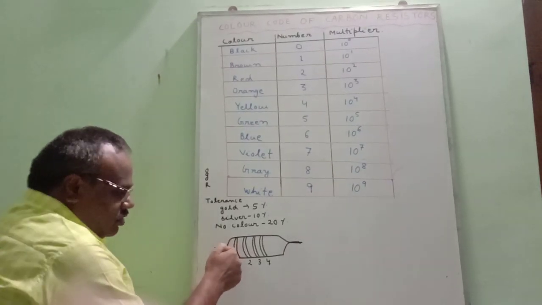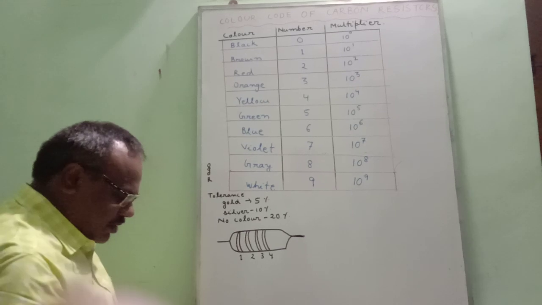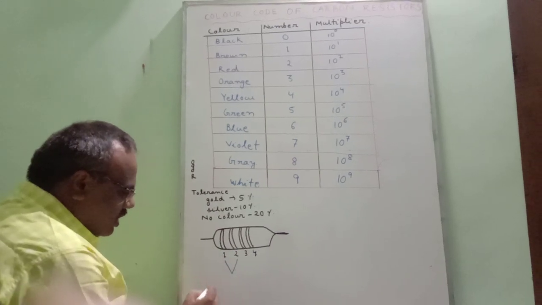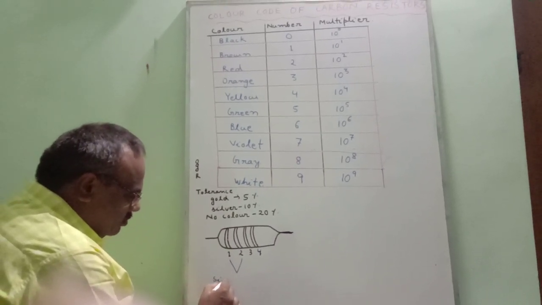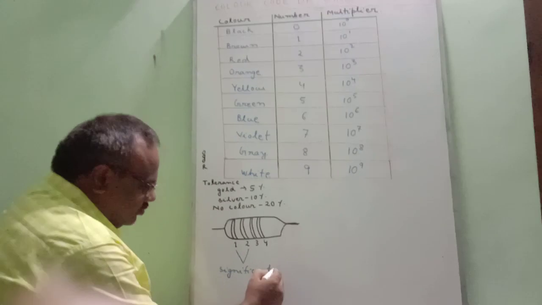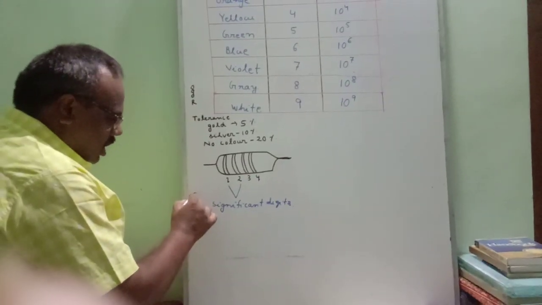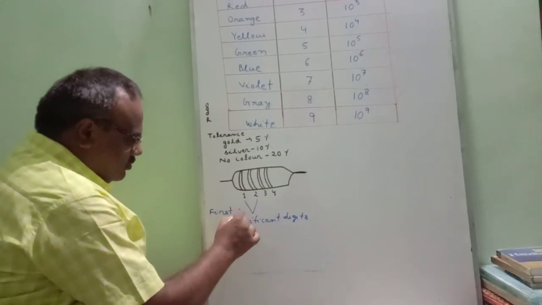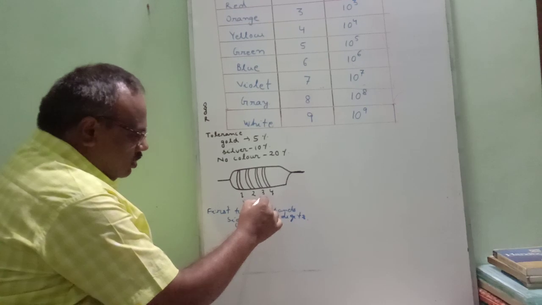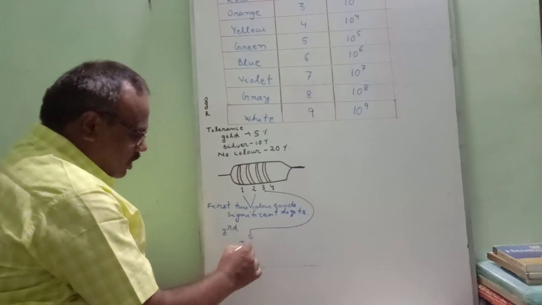If these are the 4 color bands, then the first two color bands give you the significant digits. The third color band gives the multiplier.